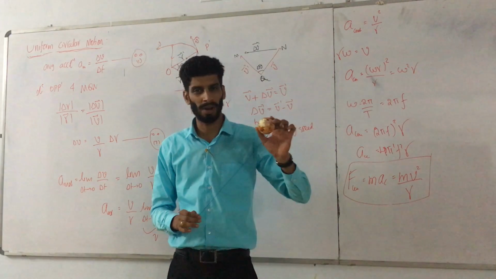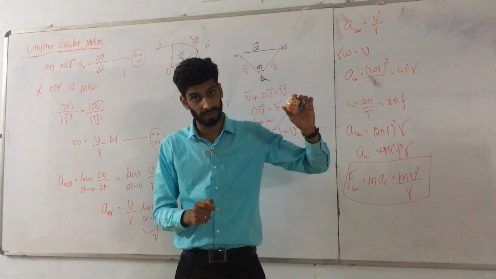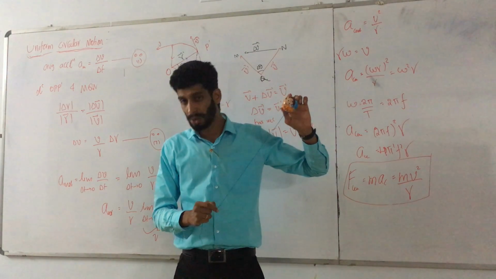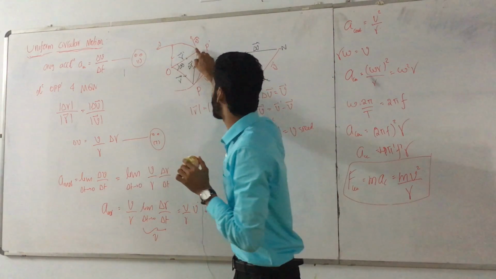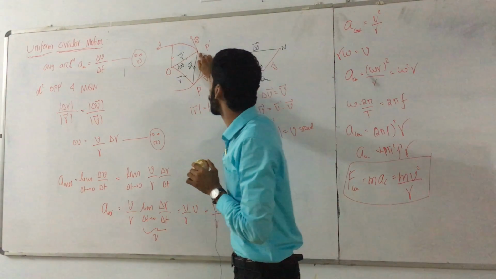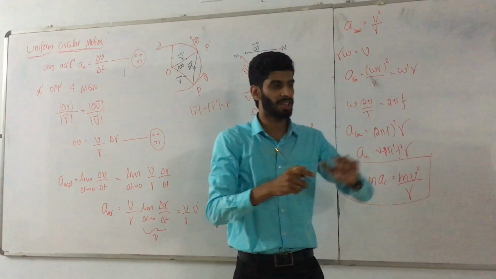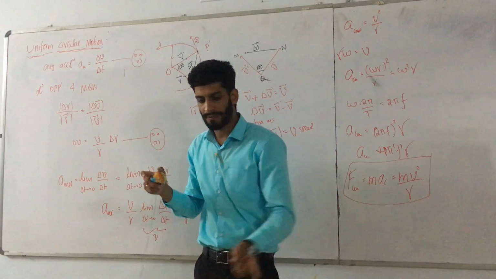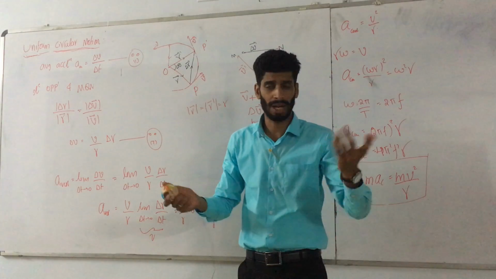This is just a ball moving in a circular path. If I give some pull, and when I drop this ball anywhere, if I just drop it, it has to go in the direction of the tangent. That's what I'm going to show.